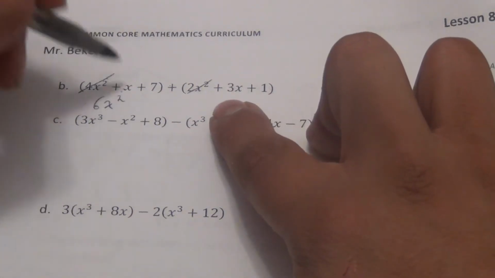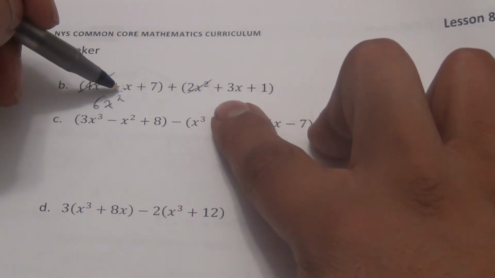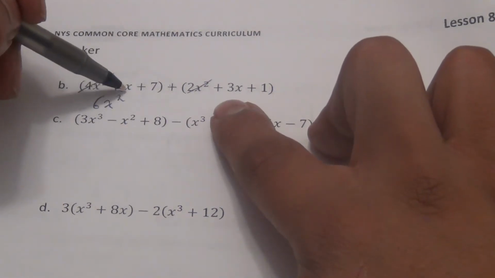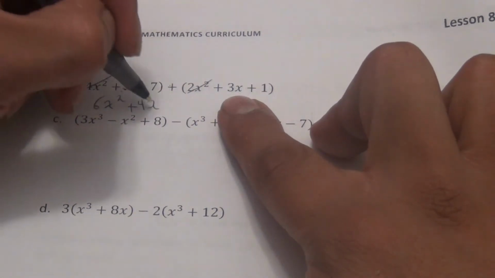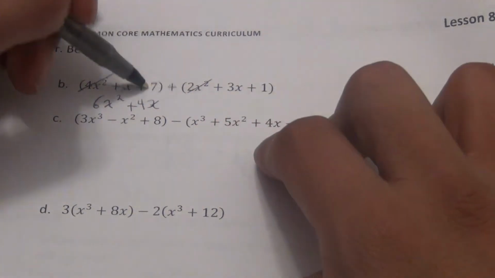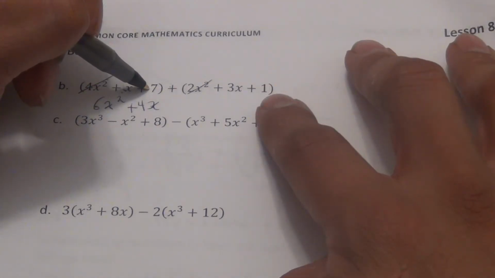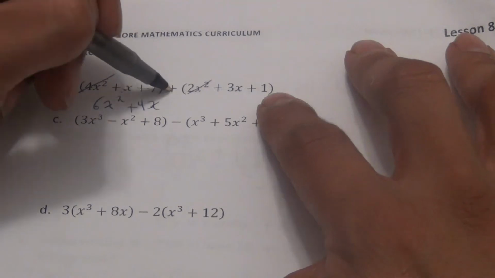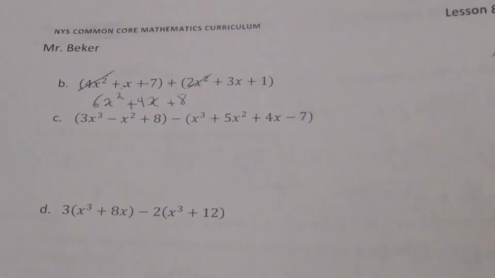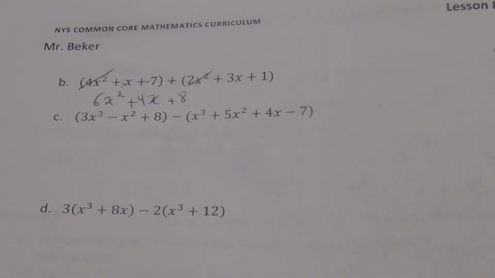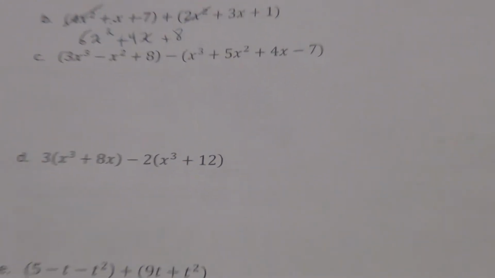So 1x, it doesn't have to have the 1. How many x's do you see? 1, duh. So that's 1x. So 1 plus 3x is 4x. And then 7 is a loose number, just a regular number. And 1 is also a loose number, regular number. So 7 plus 1 is 8. Got it? Okay then, so let's work the other problems out.